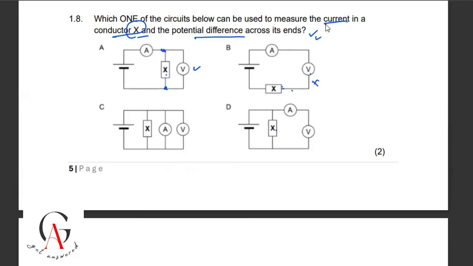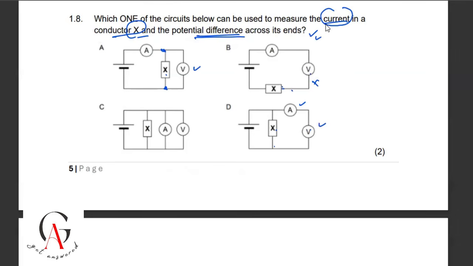Then when you look at this, the way X is connected, there's some bit of sense in it, but the question wants us to measure the current and the voltage. So the ammeter must be connected in series, which is fine. And then this voltmeter is going to be in series with the ammeter, which doesn't make sense.